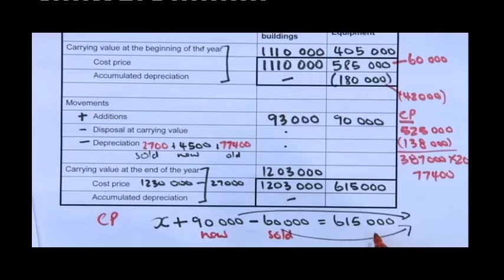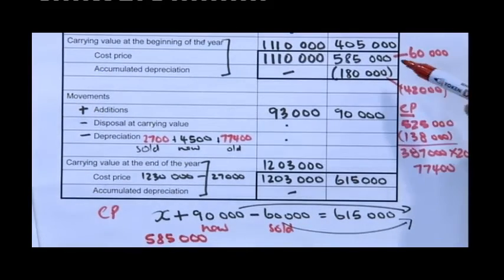And then we got the figure of 615, the cost price at the end. When we do the equation, we find out that the cost price at the beginning of the year is 585,000. So we slot in the 585,000 at the beginning, minus whatever we sold, so we got 525 left.